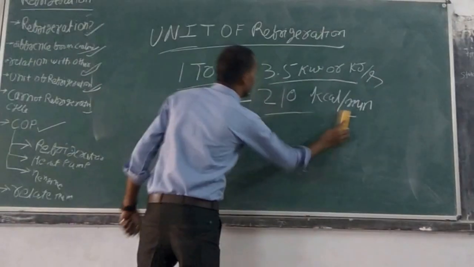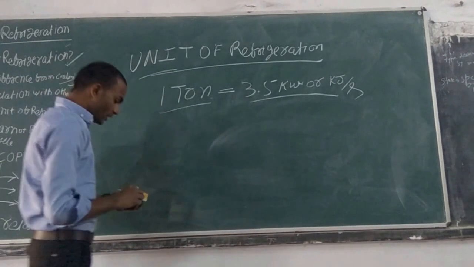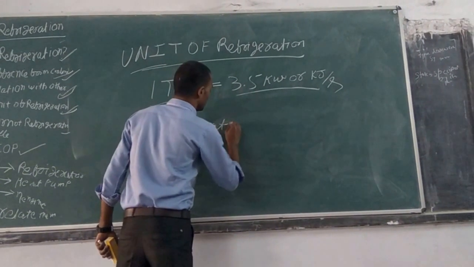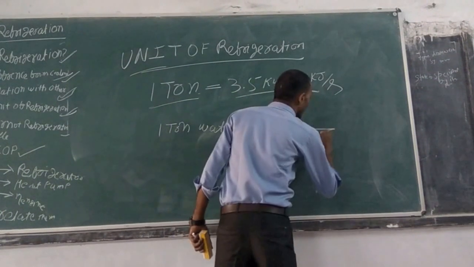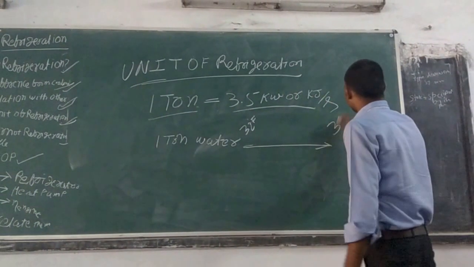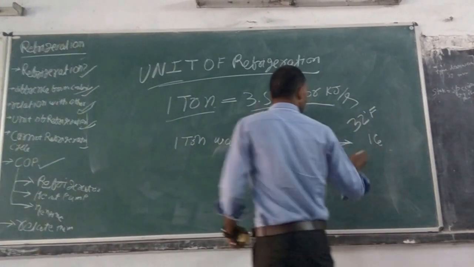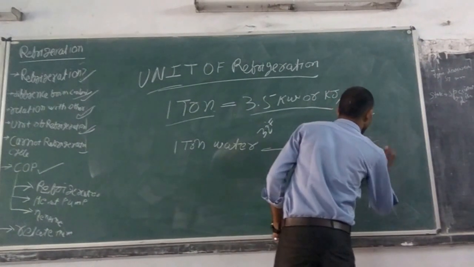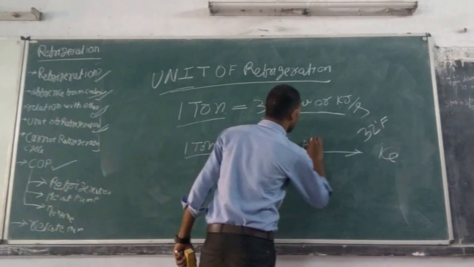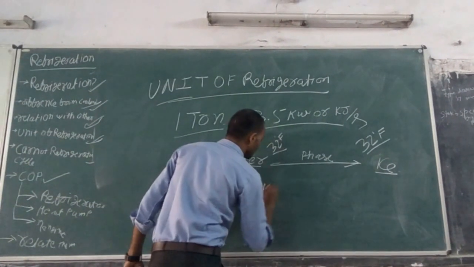So, what is 1 ton of refrigeration? Now, the physical meaning of 1 ton of refrigeration is that 1 ton of water changes its phase at 32 degree Fahrenheit to 32 degree Fahrenheit ice, cooling for an ice in 24 hours.